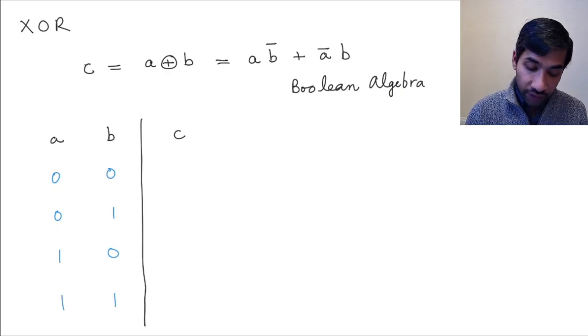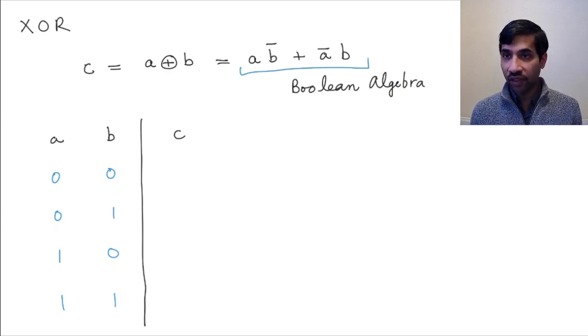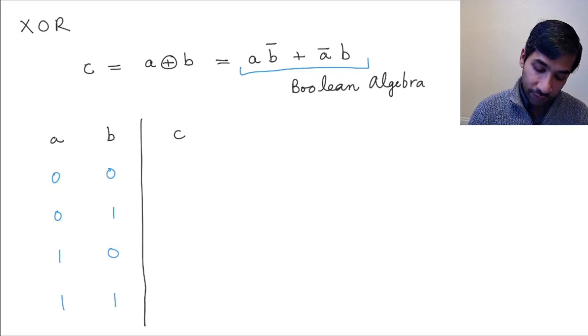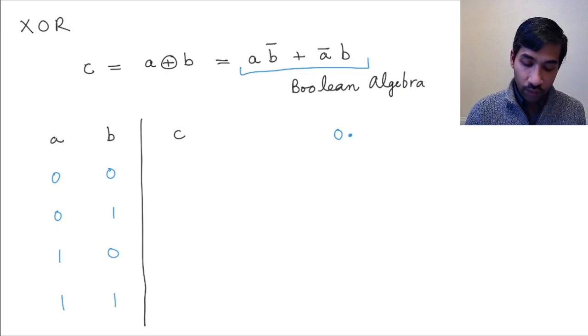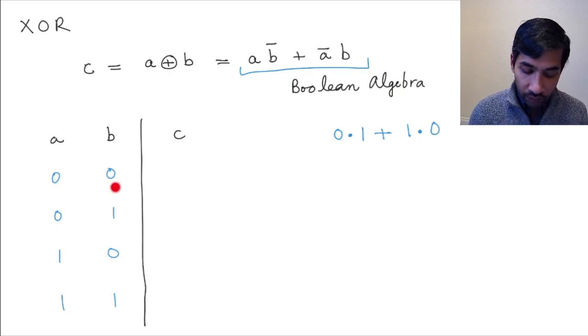Now, if I evaluate this expression for each of these combinations, when A and B are both 0, what is going to happen to this expression? A is going to be 0, and B bar, so B is 0, so not of B is going to be 1, plus not of A is going to be 1, and B is 0. So I'm evaluating this expression for A equal to 0 and B equal to 0.